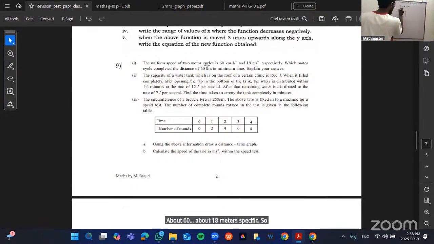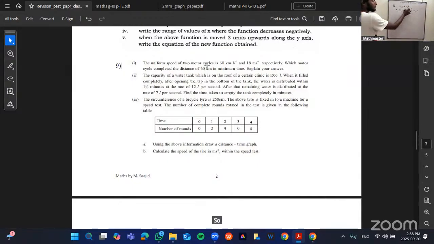So I'll write this one for the time of the 60 kilometers per hour vehicle, and this one for the time of the 18 meters per second vehicle.